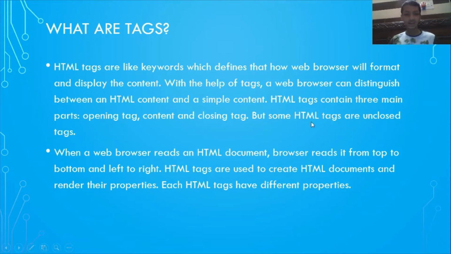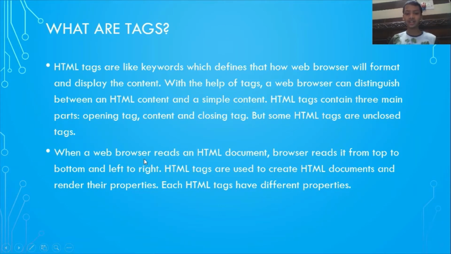HTML tags contain three main parts: opening tag, content, and closing tag. But some HTML tags are unclosed tags, like the line break tag and the horizontal line tag.